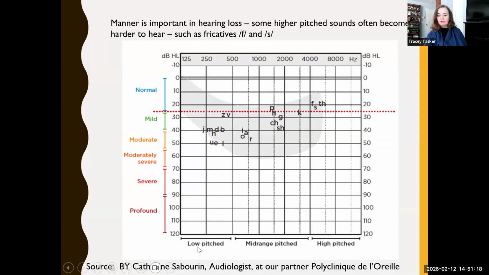So you could see it's organized by pitch. So low pitch, mid-range pitch, and high pitch. So as you can see, vowels are low pitched, but these sounds, for example, are high pitched sounds, okay? We call this the speech banana, because it kind of looks like the shape of a banana. Often when someone has hearing loss, these high pitched sounds are the first ones that they start having trouble hearing, okay?